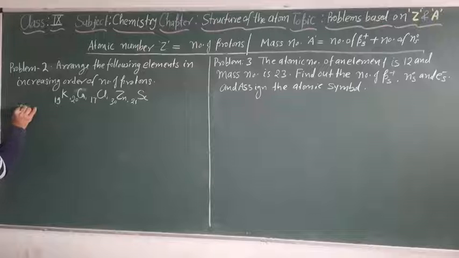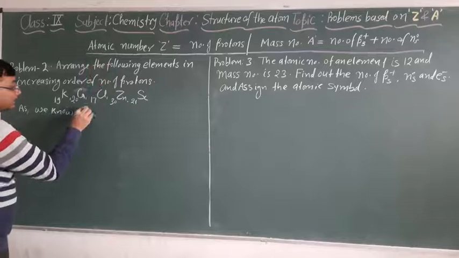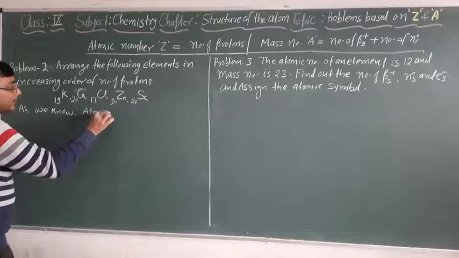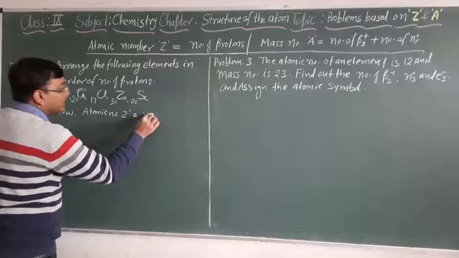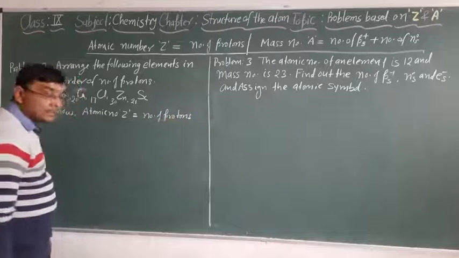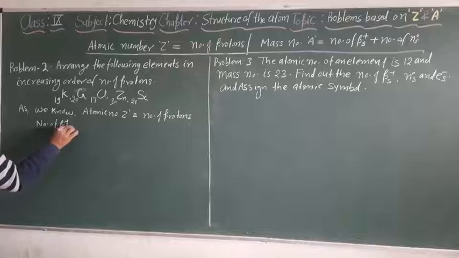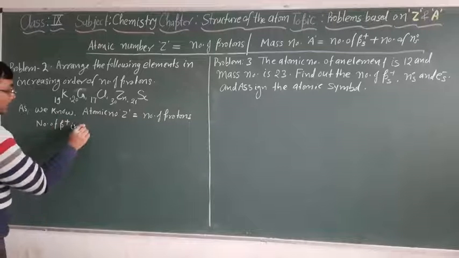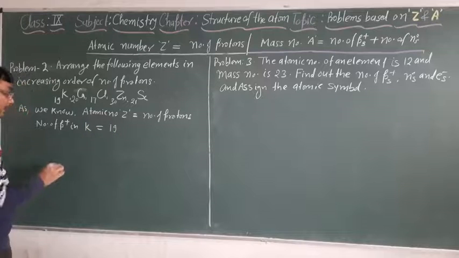As we know, atomic number Z is equal to number of protons, clear? Then number of protons in potassium is 19, clear?